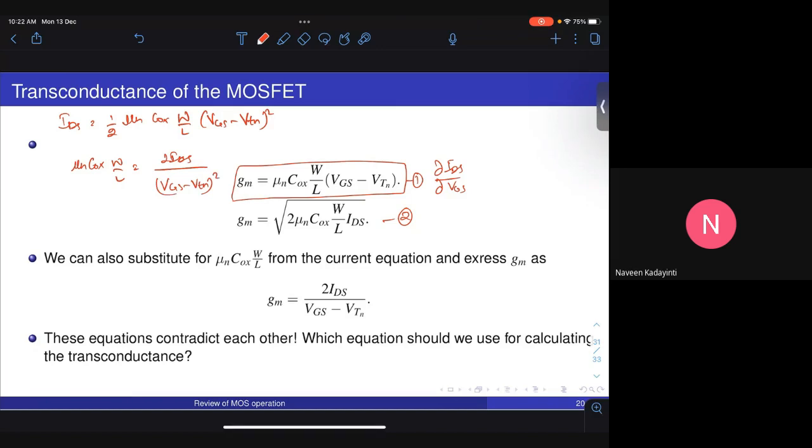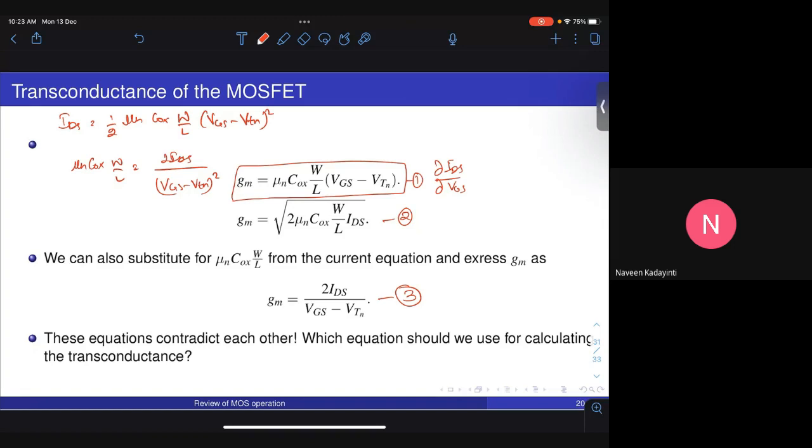So if I substitute for μn Cox W by L in this equation 1 as 2 IDS upon (VGS minus VTN) the whole square, I'll get a third equation for GM as 2 IDS by (VGS minus VTN). Now if you look at these three equations, all of them are for GM, for transconductance.